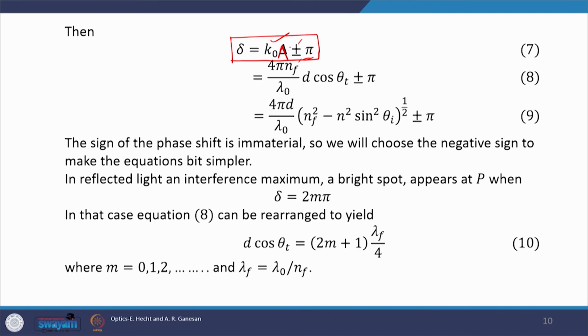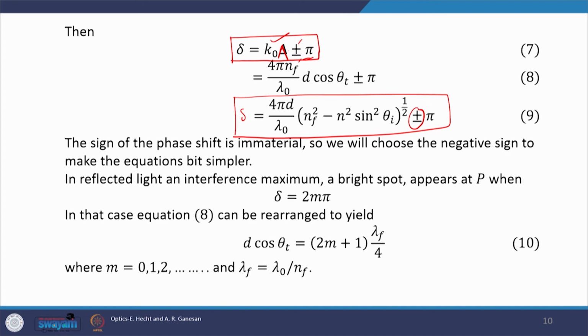Now, let us substitute the expression for cap lambda, then we get 4, and k naught is equal to 2 pi by lambda naught, and after a bit of simplification this is the expression for phase difference. The sign is immaterial, and therefore let us pick one particular sign. Here we pick minus because this gives a bit simpler expression.